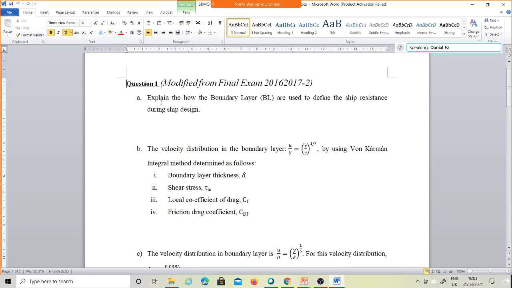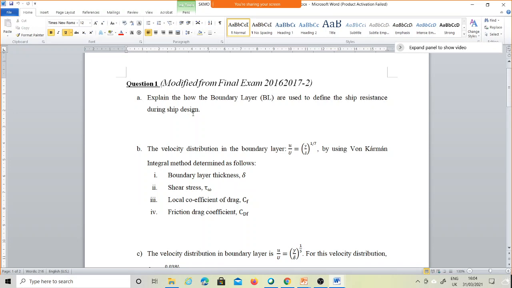Okay, next thing, another question. Explain how the boundary layer is used to define the ship resistance during ship design. I already explained this one. When we consider the resistance, we have the wave making resistance and the frictional resistance. For the frictional resistance, we need to consider the boundary layer theory. For the wave making resistance, we use the potential flow theory.